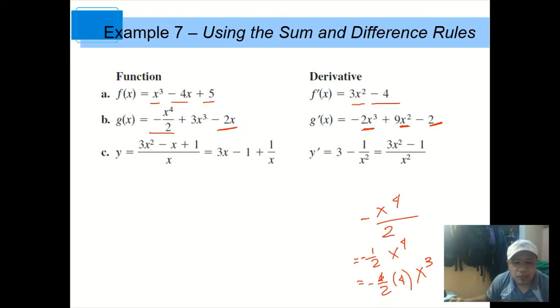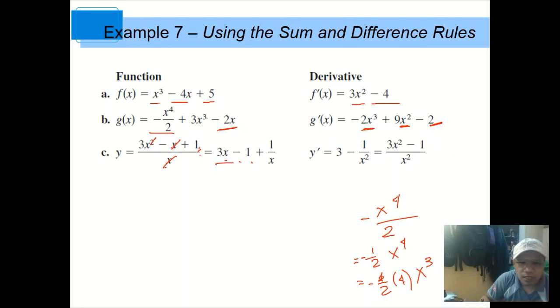So, actually dapat quotient rule. Pero, pwede pa natin i-simplify since 1 lang naman yung nasa dulo. So, nire-write niya, kaya nangyari is 3x minus 1 plus 1 over x.